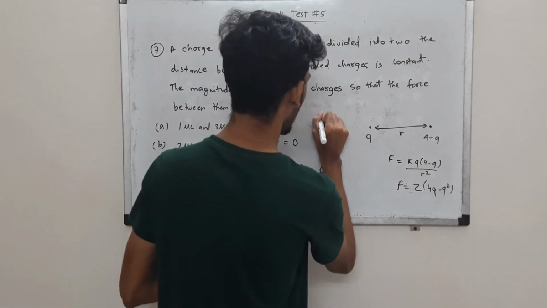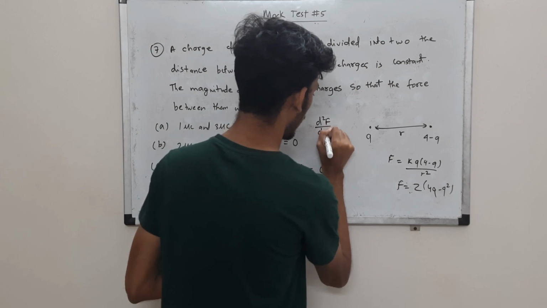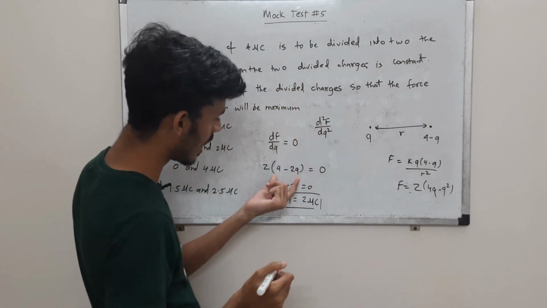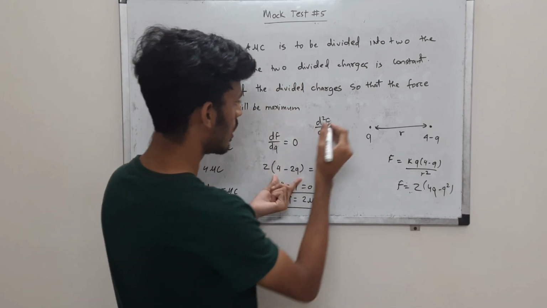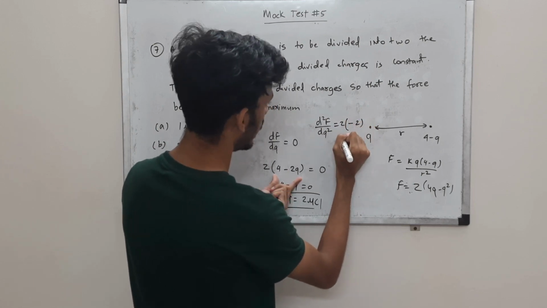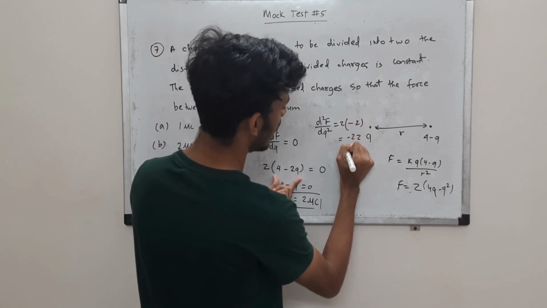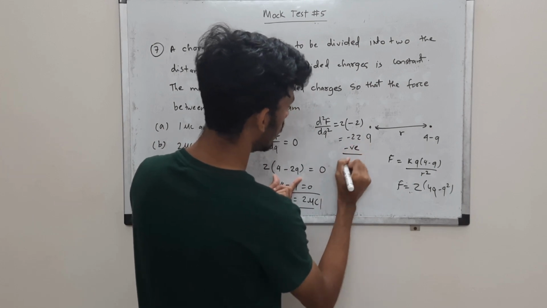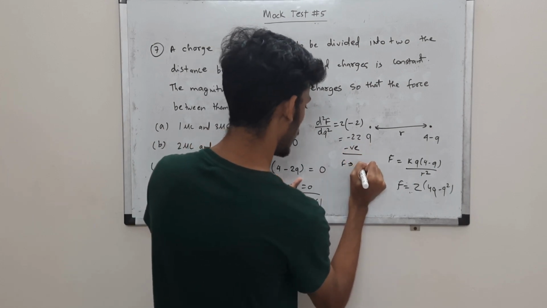You can verify if it's maximum or minimum by double differentiating. If you differentiate again, z will remain as it is, and you'll get minus 2, right? So minus 2z, negative. Negative means f is locally maximized.